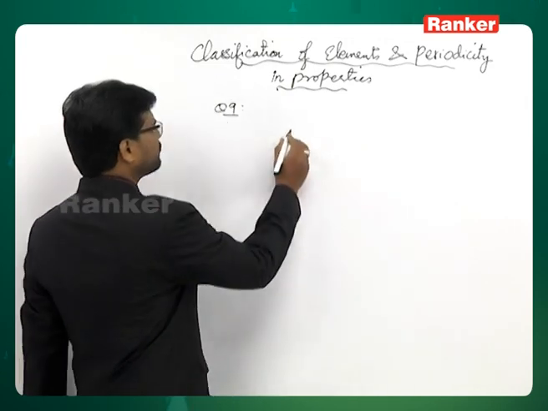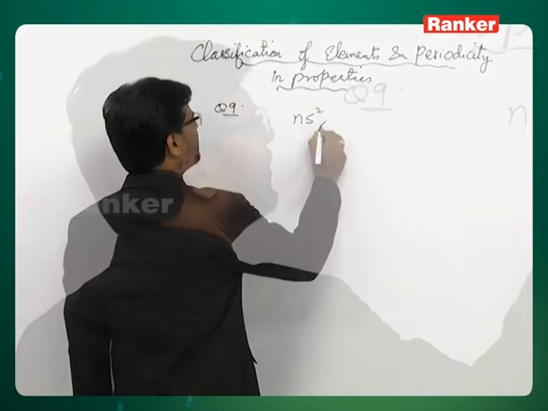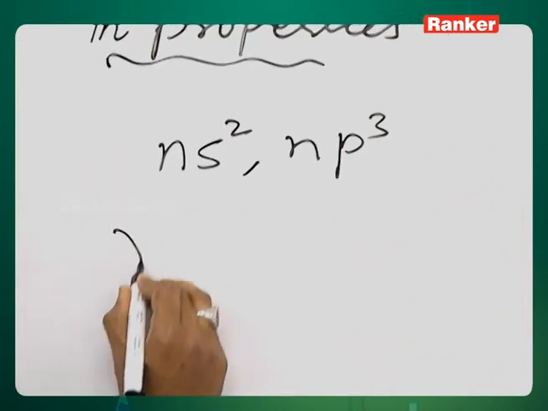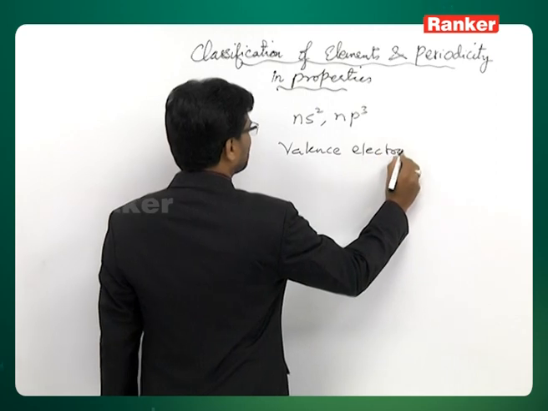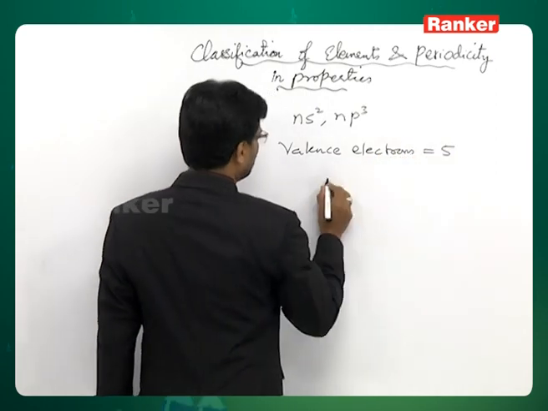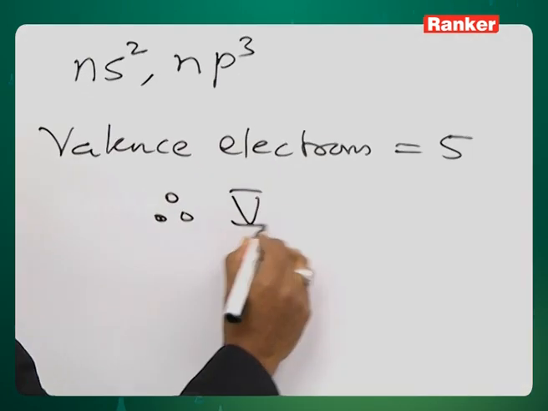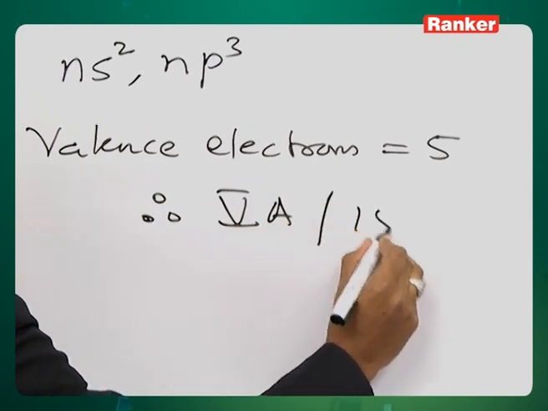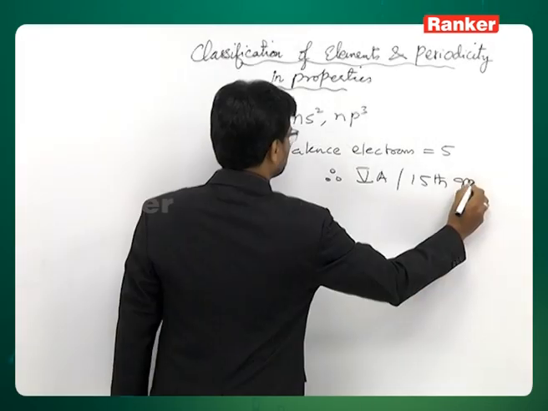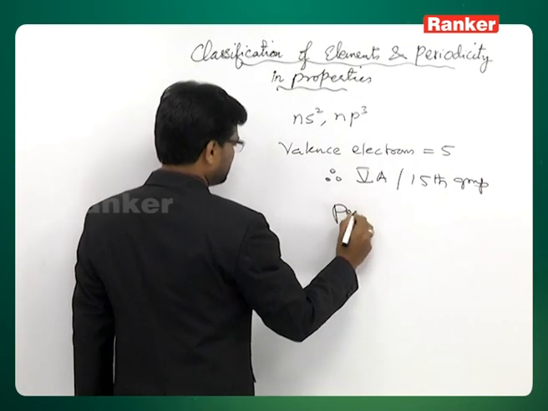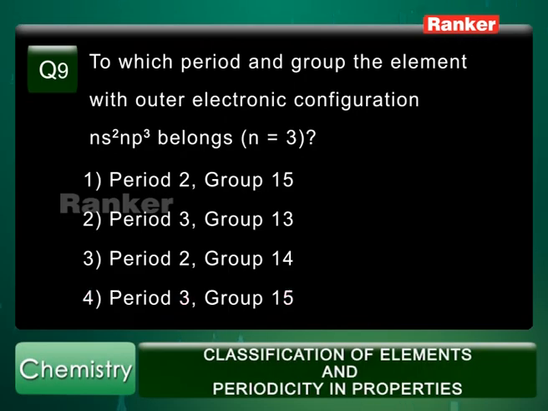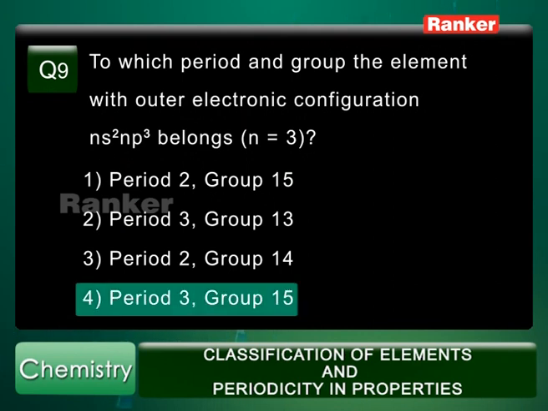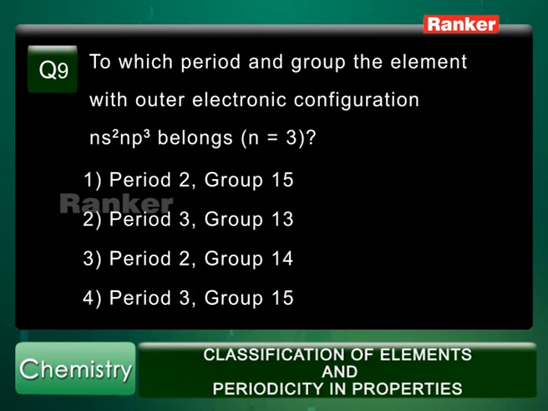When we say ns2 np3, the number of valence electrons is 5. Therefore, it belongs to 5A group or 15th group, and the period number is third. So, the correct answer is the fourth option, 15th group and third period.